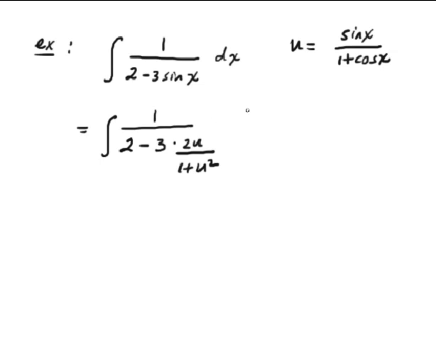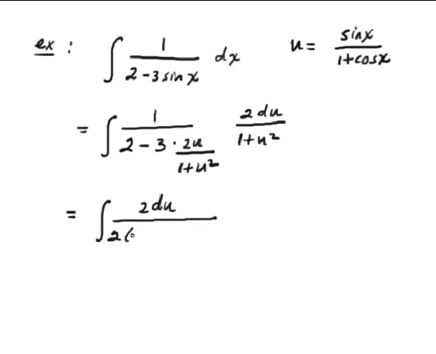And we saw that dx is 2 du over 1 plus u squared. All right, let's multiply 1 plus u squared through this denominator. So on top I have a 2 du. And on the bottom we have 2 times 1 plus u squared, minus 3 times 2, that's 6u.